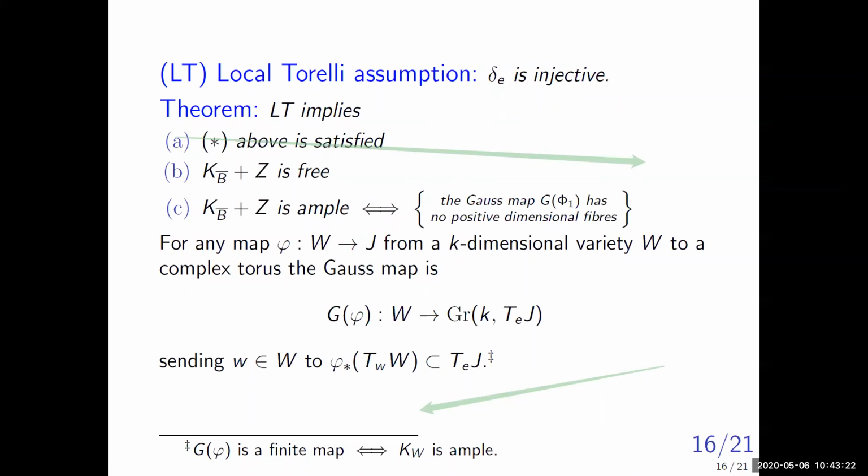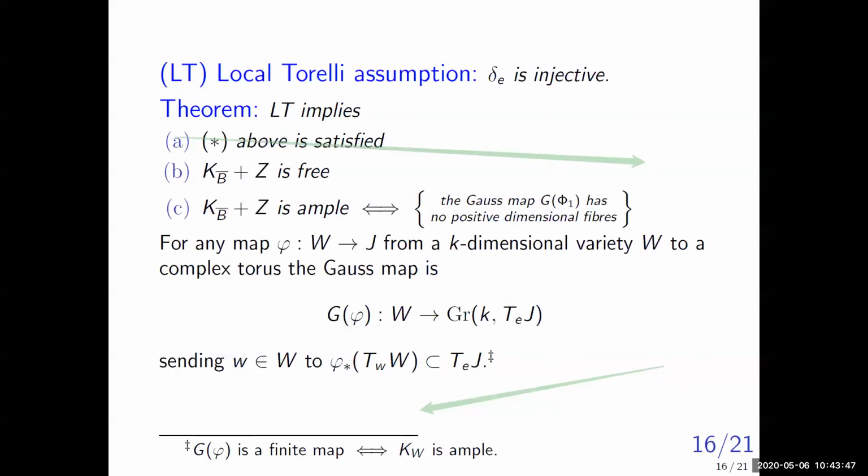That maps you to a Grassmannian, and that's the Gauss map. So what one is seeing here is that the canonical plus Z is free, and it's ample if and only if this geometric condition is satisfied.